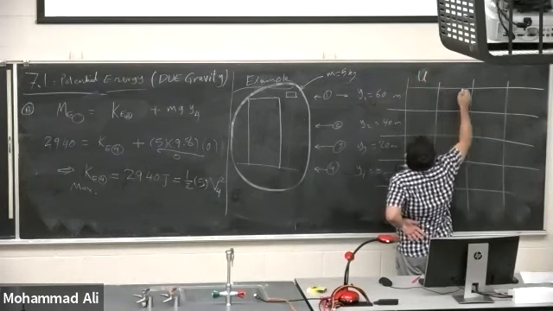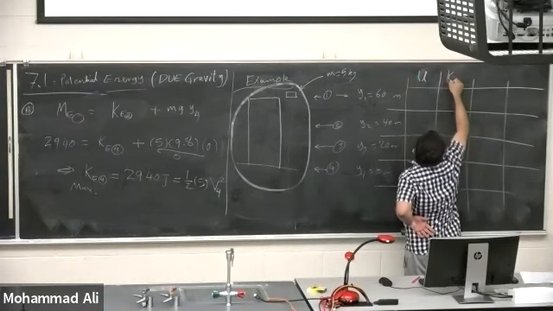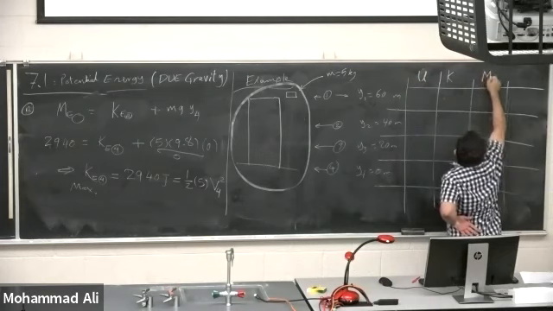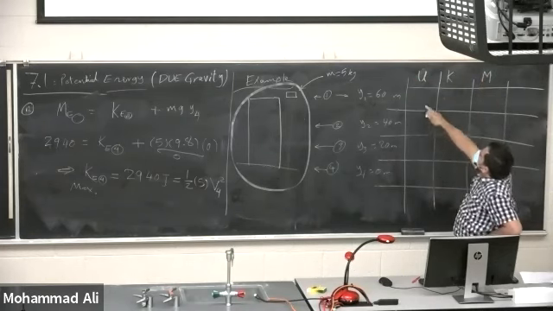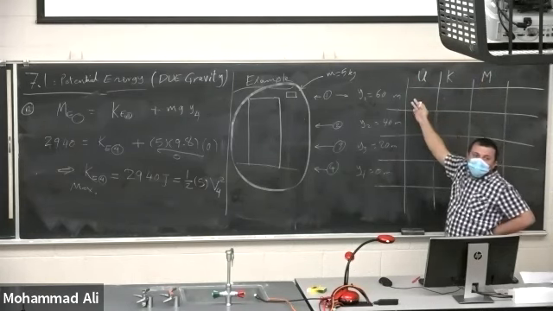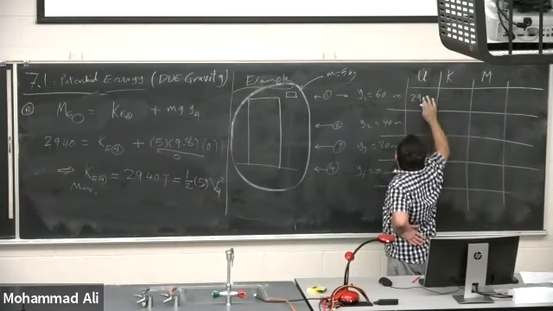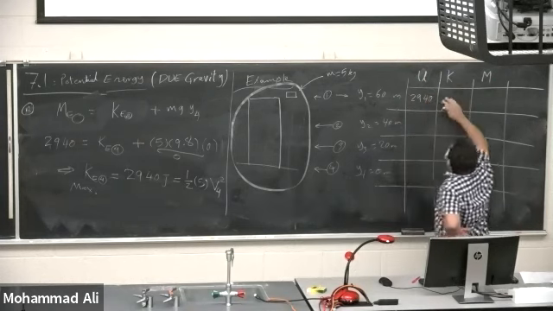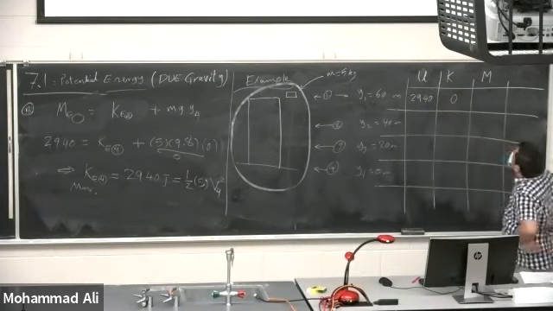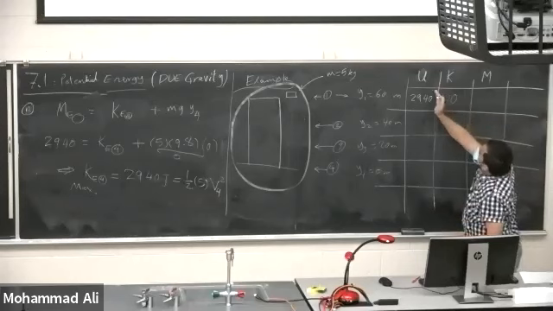Here, we need the potential energy, here, the kinetic energy, here, the mechanical energy. How much the potential energy here? It was the maximum, which is 2940. Here, how much the kinetic energy? It was 0. The mechanical energy is this plus this.